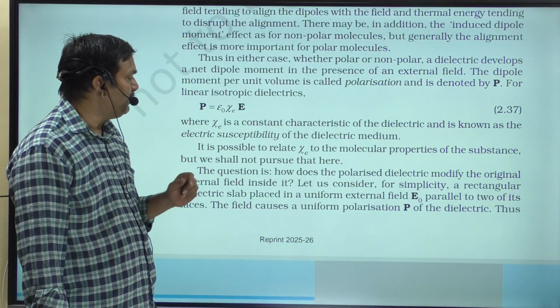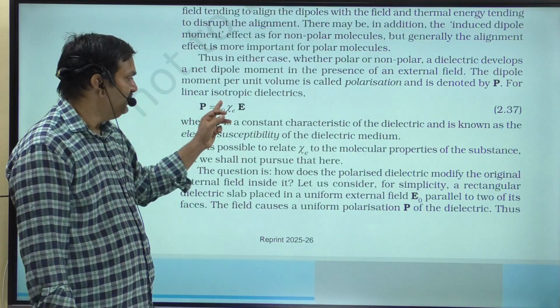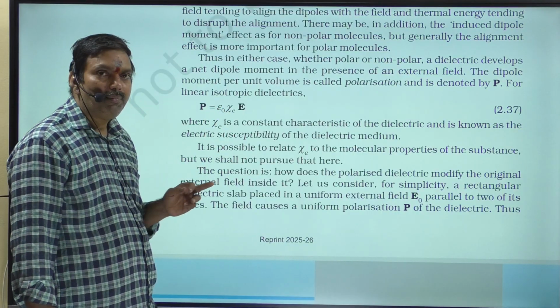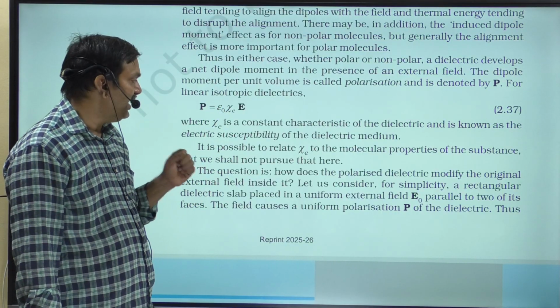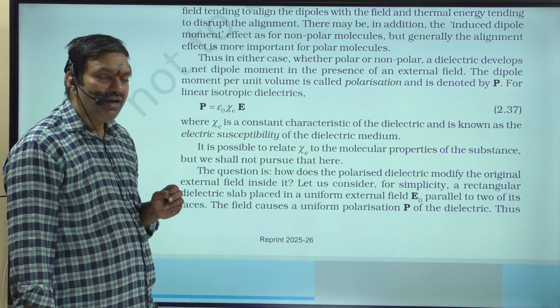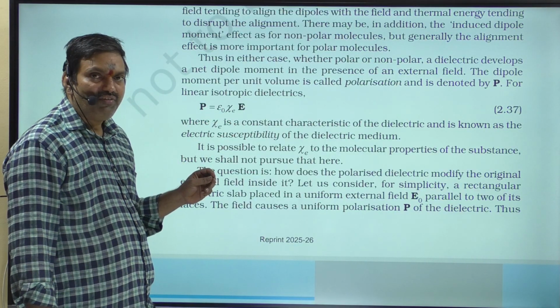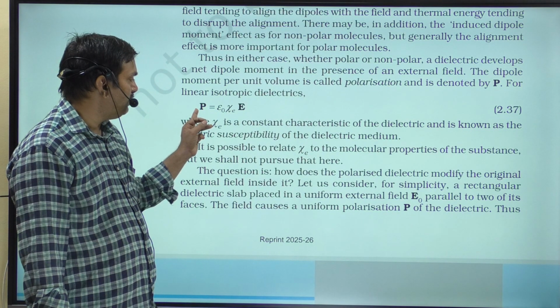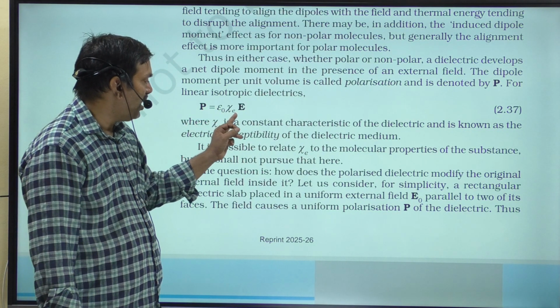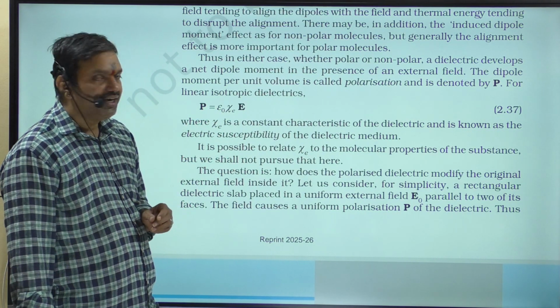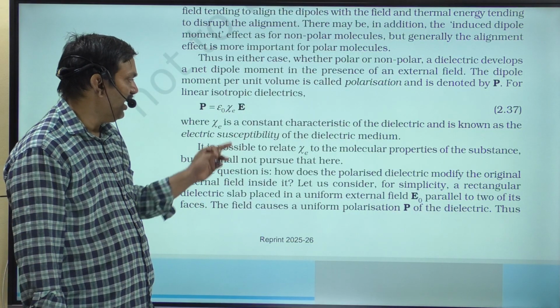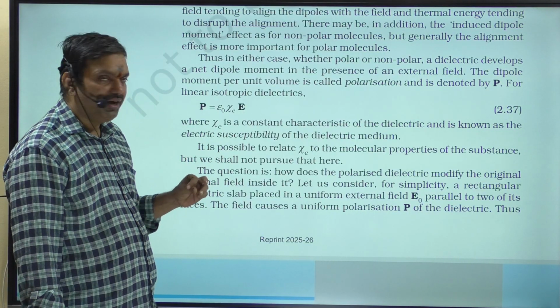So P is equal to epsilon naught Xi into E, and Xi is a constant characteristic of the dielectric. This is called electric susceptibility.